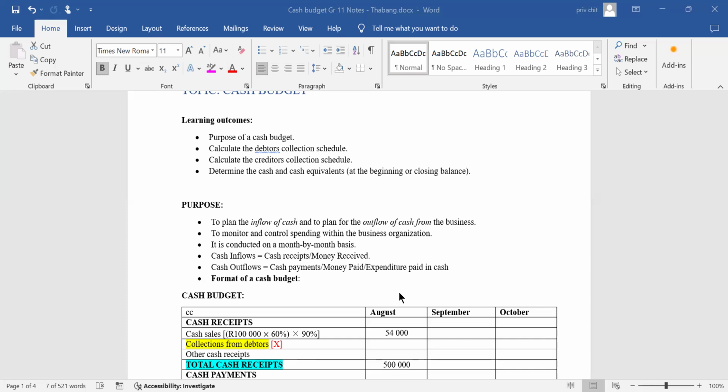Yeah, on the answer sheet. I wanted you to see the answer sheet. The 1.2.1, the debtors collection schedule, that's the one I want. I don't know why this is refusing to open on my side. I've been trying to open it, but anyways, all right.